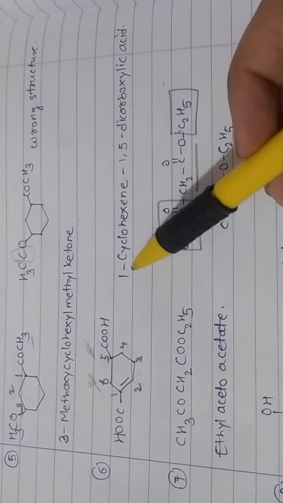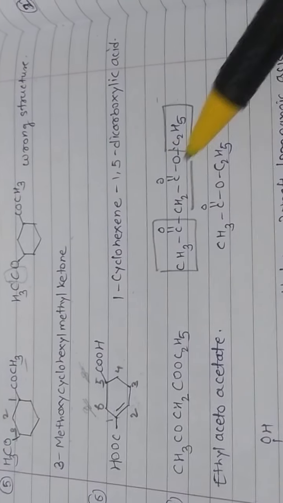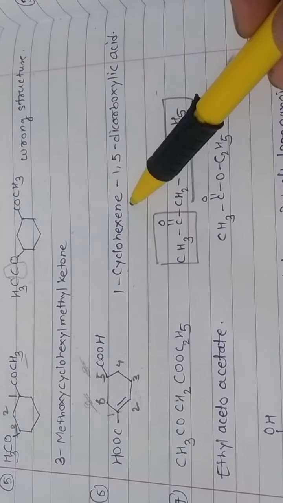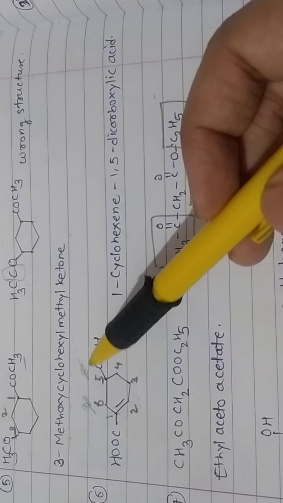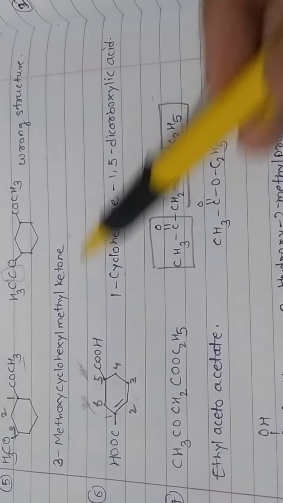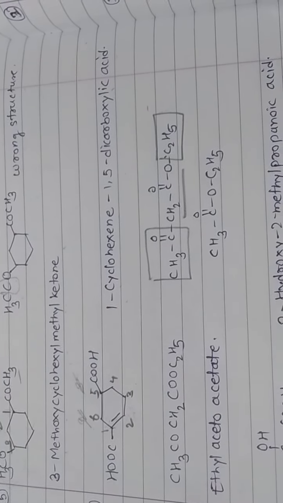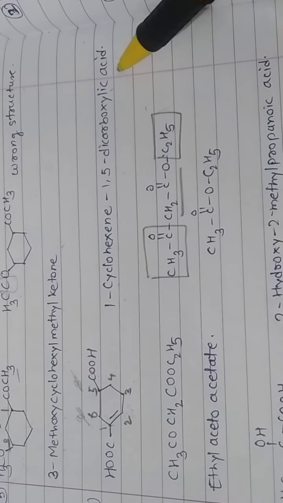So name will be 1 cyclohexene because double bond is in between 1st and 2nd carbon, and highest priority group is carboxylic acid. So 1 cyclohexene is written first, and then carboxylic acid is at 1st and 5th position, so 1,5-dicarboxylic acid. So name will be 1 cyclohexene 1,5-dicarboxylic acid.